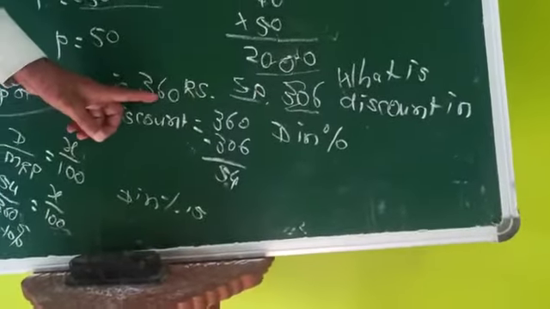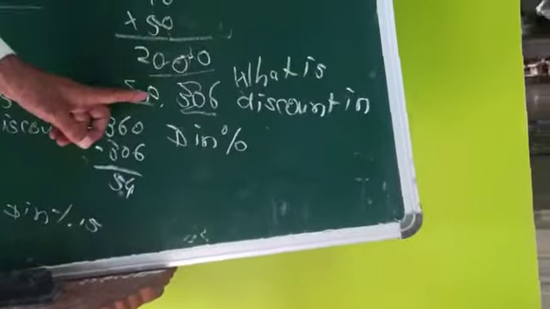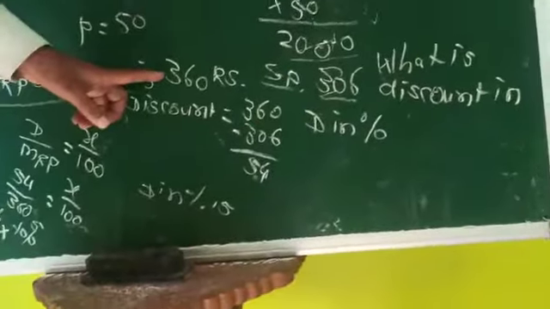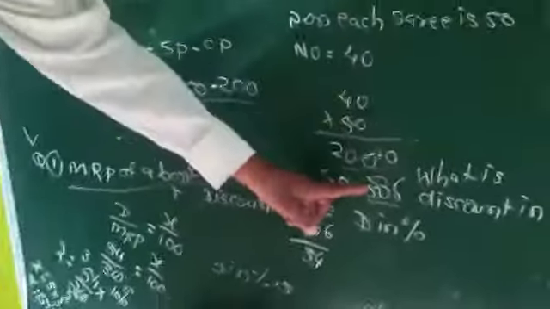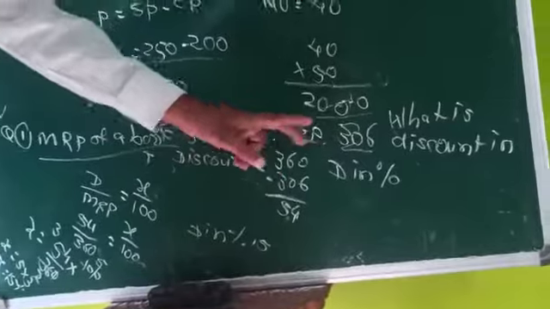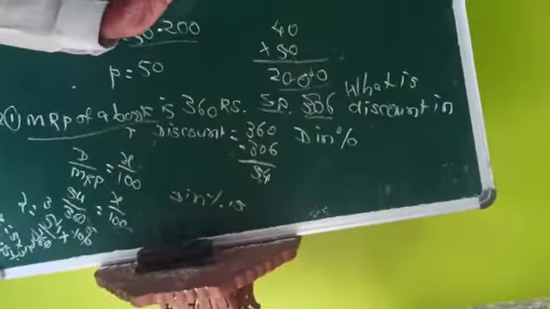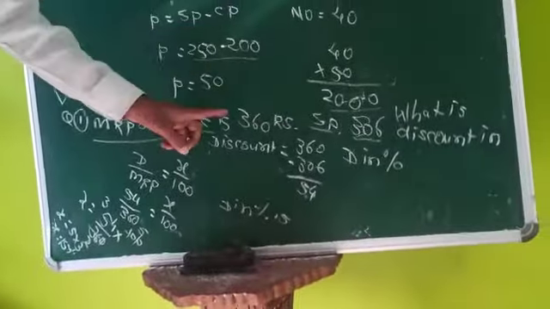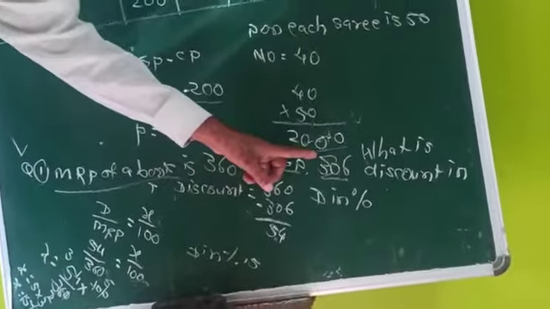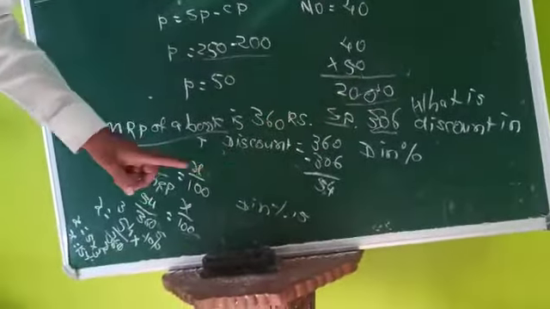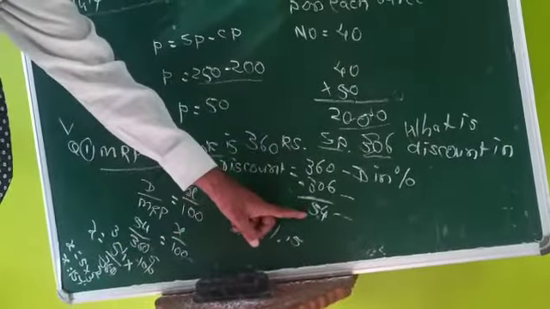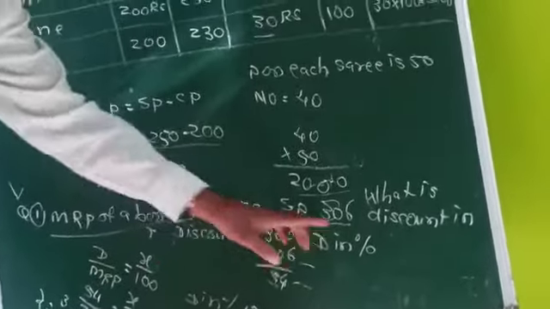When MRP is 360 and selling price is 306, meaning MRP is more and selling price is less, here he has given some discount. 360 minus 306, so 54 rupees net discount he has given.